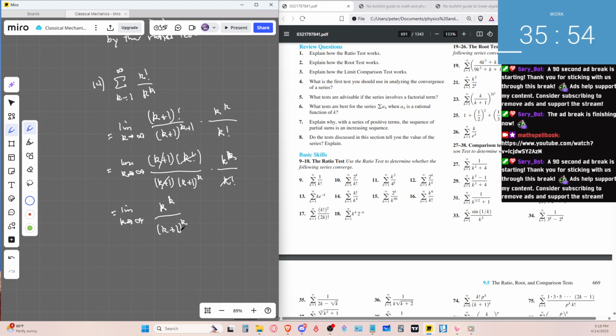According to this, it basically says it diverges. I'm just trying to look at the reasoning behind the way they arrived at the answer here.